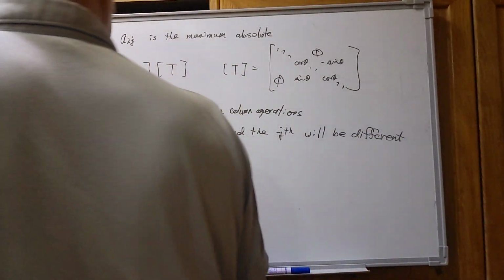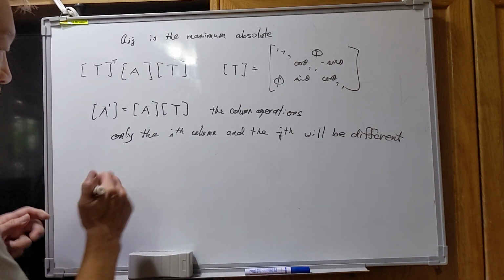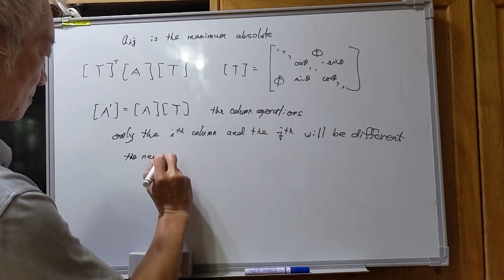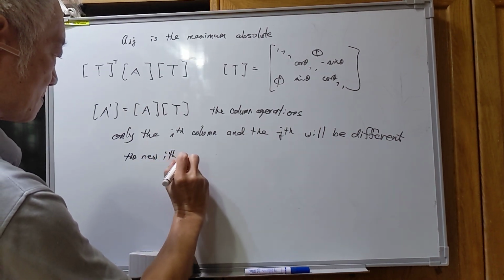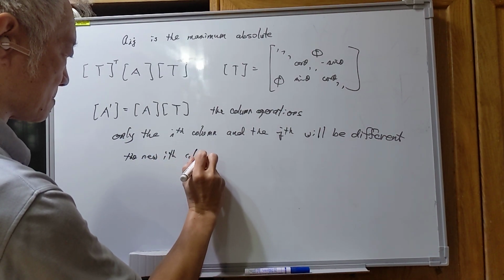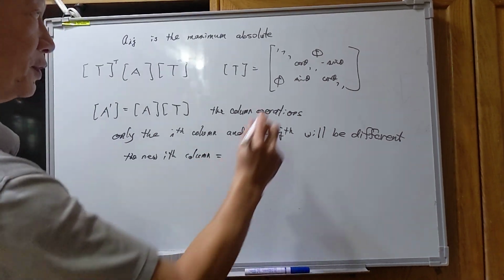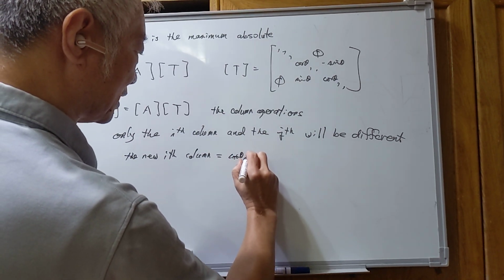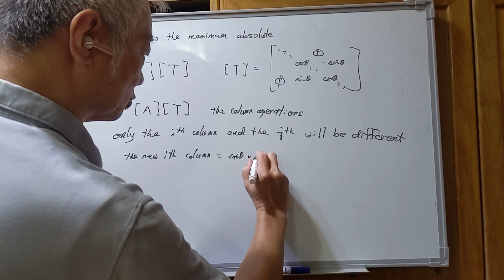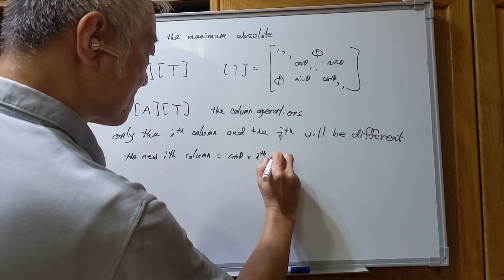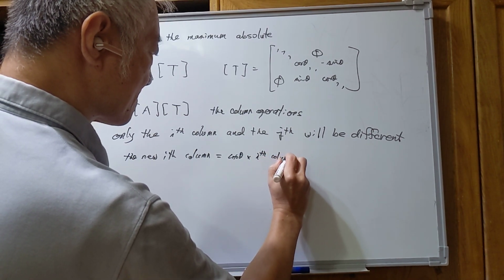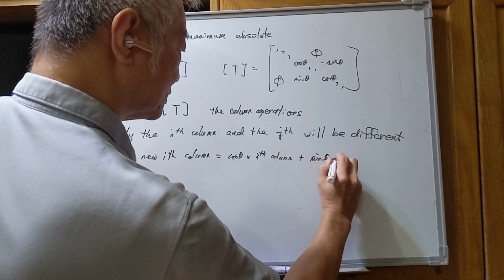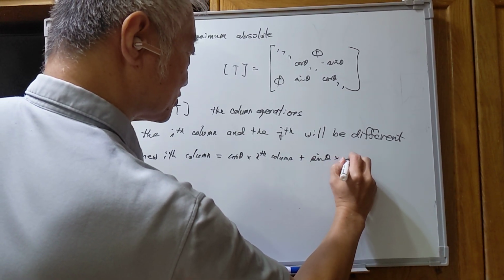And what is the new ith column? It will be equal to the cosine theta times the original ith column plus sine theta times the jth column.